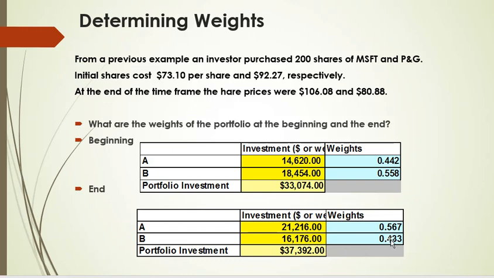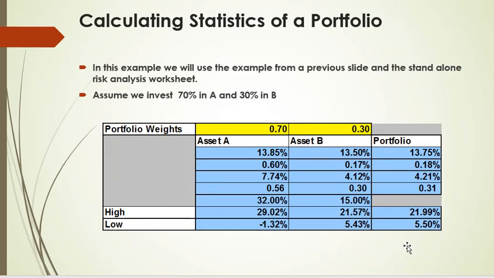So in the end, 56% of our money is in asset A, or Microsoft, and only 43% is invested in P&G. So the weights can be calculated fairly easily, but they're not stable because prices change fairly frequently.